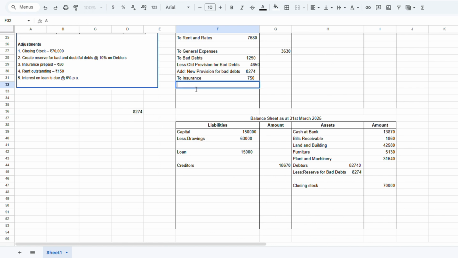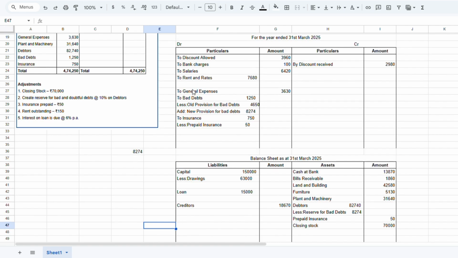So less insurance prepaid, that is 50. And the other is prepaid insurance 50.